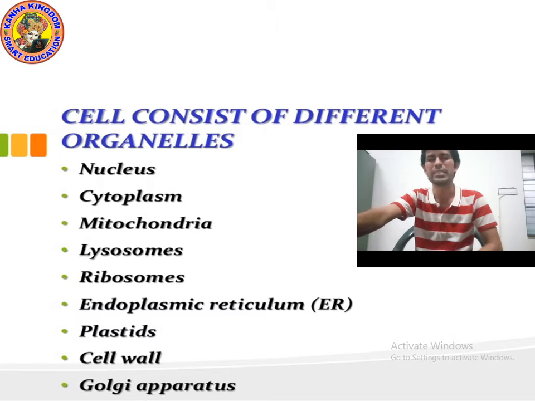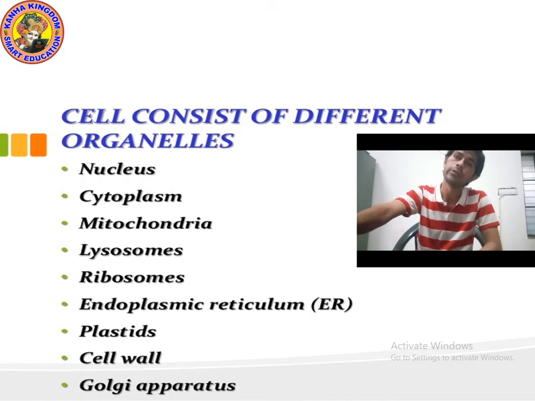For example, plastid is present in plants and is not found in animals. Nucleus, cytoplasm, mitochondria, lysosome, ribosome, endoplasmic reticulum, plastid, cell wall, Golgi apparatus: these are the organelles. I hope you understood.